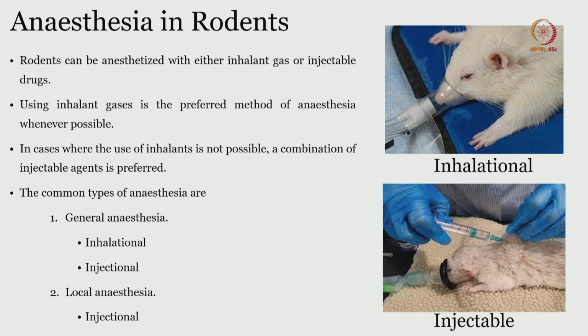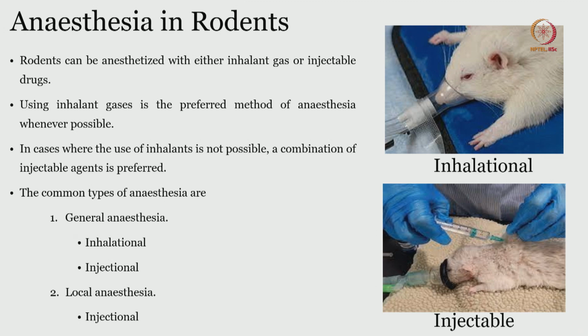So as I said, it can be used with inhalant gas or injectable drugs. Inhalant gas is the preferred method of anesthesia whenever possible. For the simple reason, we will come to the disadvantages and advantages of these two methods, but it gives a very smooth anesthesia for a longer time. That is the basic advantage of inhalation anesthesia.